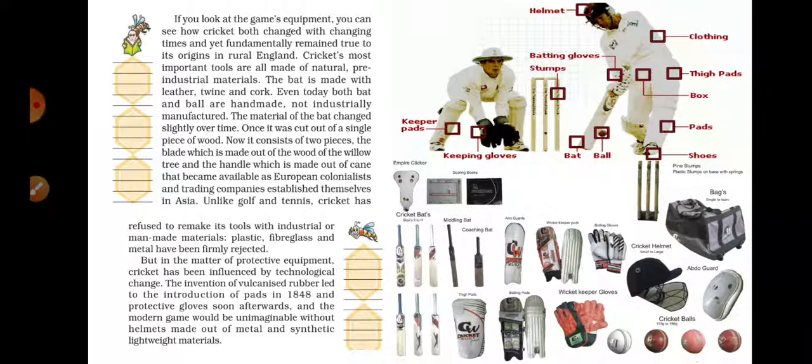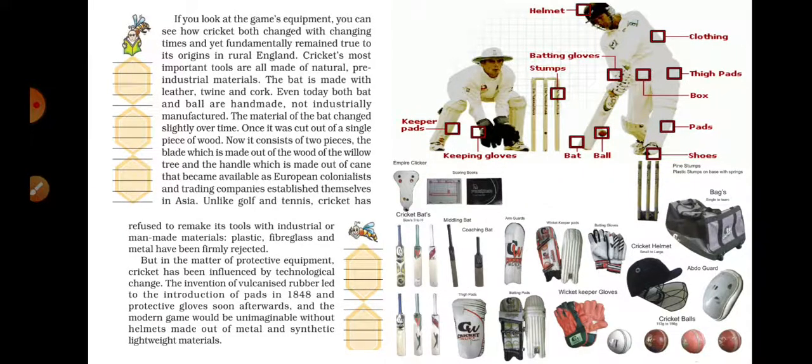The players need to be protected from the harm that could be caused by the ball and the bat. So the protective gear that they must wear is nowadays made of industrial products, like the helmets, which are very important to keep a player safe. It is made of metal and synthetic lightweight materials, and the gloves and pads are made of vulcanized rubber.